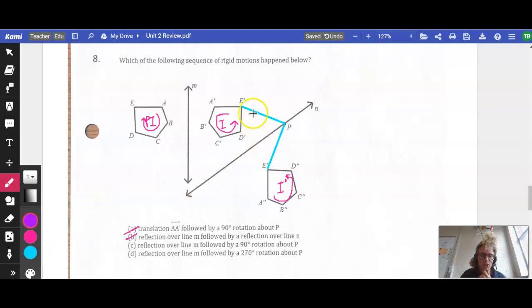So if I start at my pre-image and rotate around to my image, that counterclockwise is 90 degrees. So this would be my correct answer. It would, however, be negative 270 degrees. So that one would be correct if there was a negative, but there isn't, so it's wrong.